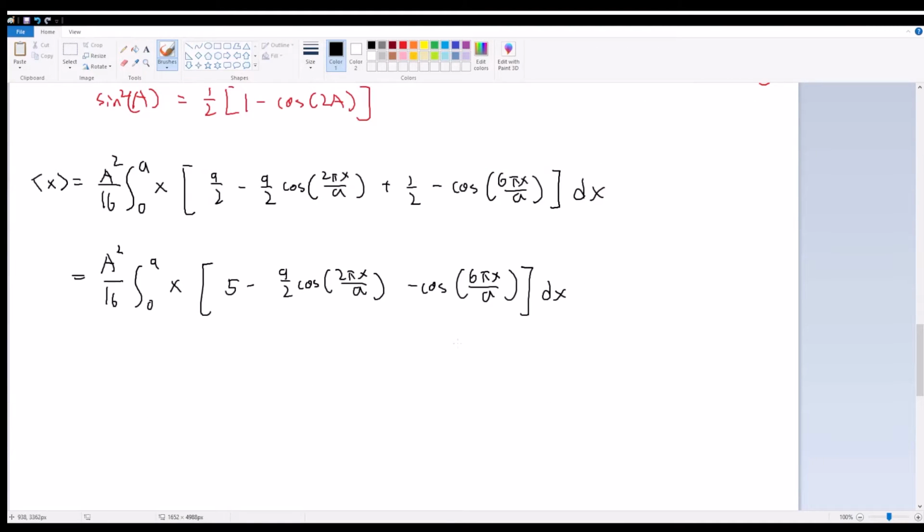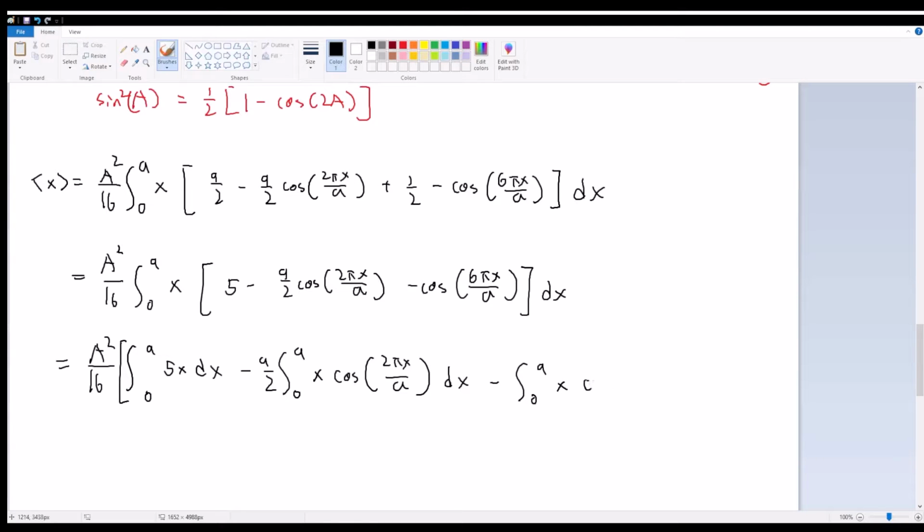dx. And what we're left with, if we split this integral into 3, is a squared over 16 times the integral from 0 to a of 5x dx, minus 9 halves times the integral from 0 to a of x times cosine 2 pi x over a dx, and then minus the integral from 0 to a of x times cosine 6 pi x over a dx. Close that off, and now it's just a matter of doing all three of these integrals. Okay, let's work on u sub now.